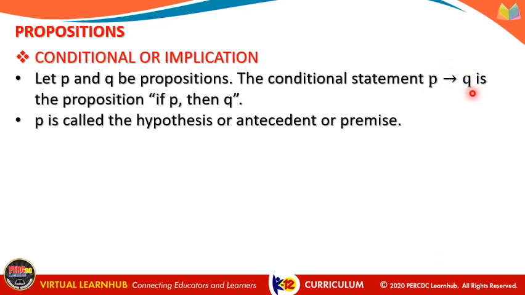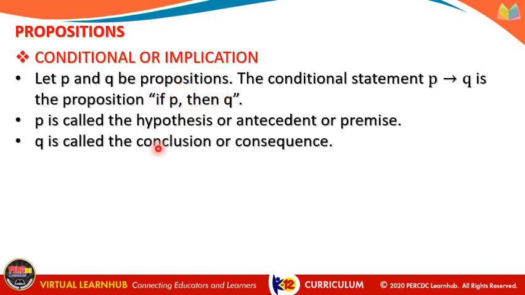Now, if this is your arrangement, then P is what we call the hypothesis or antecedent or premise. So P is whatever proposition is in between the words if and then. Q, on the other hand, is called the conclusion or consequent.